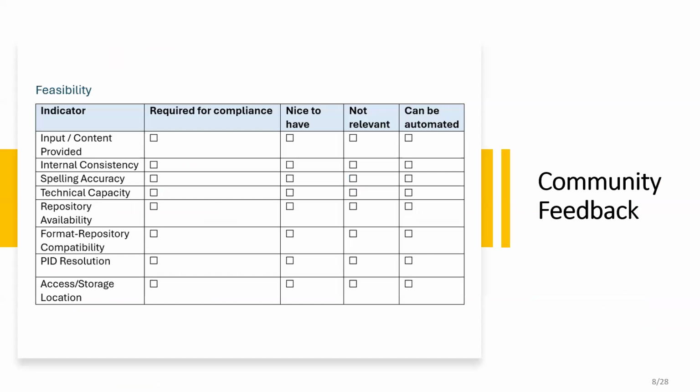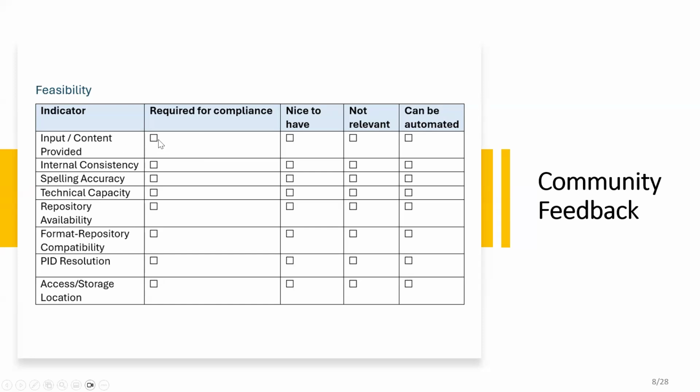Now, we want community feedback, and for that, we have done internally our own exercise. We looked at each dimension, the indicators, the metrics that we have, and we tried to capture, let's say, our opinions of what we want.